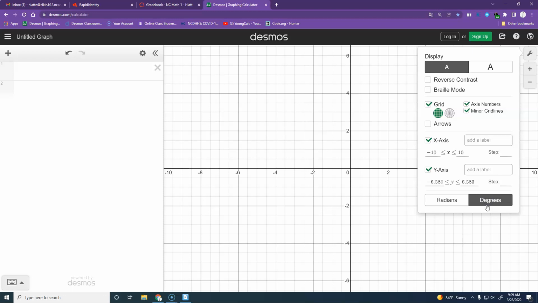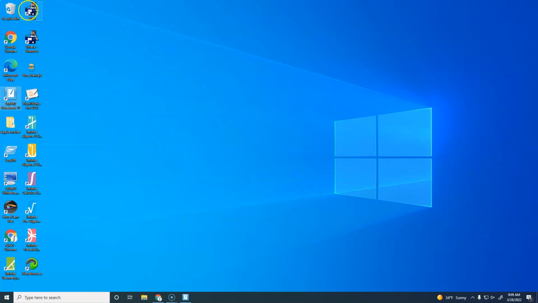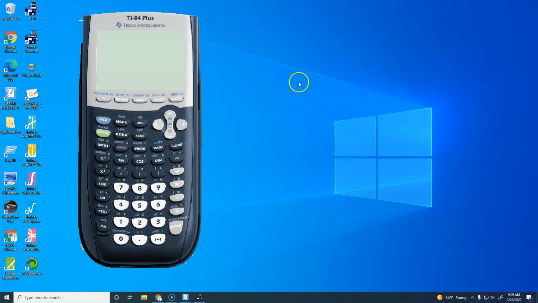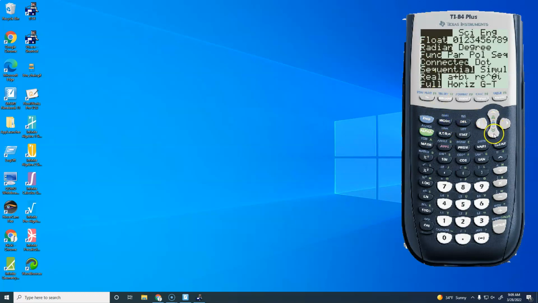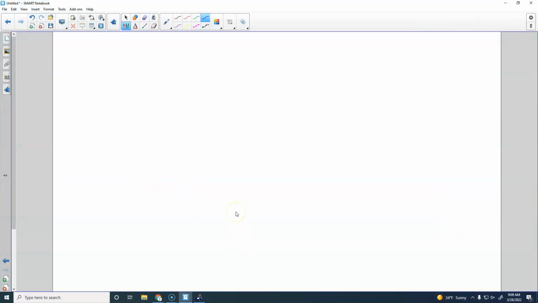If you're using radians, you'll get your answers wrong. Or if you're using the calculator, and you need to know how to do both because there's some of this stuff I may just give you the calculator on, hit mode, and on that third line, go over to degree and hit enter so that you're in degree mode. If you don't do that, all your answers will end up being wrong.